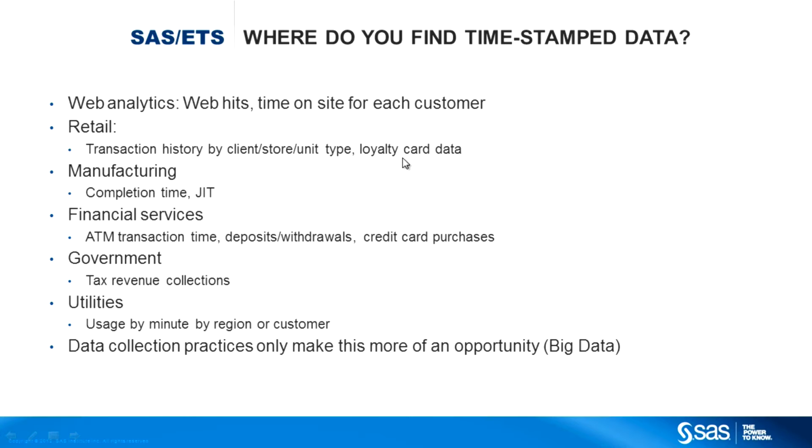This could also come in the form of loyalty card data. So say I wanted to know all of the aggregate purchases by a given customer over time. In manufacturing data, we have time to completion. In financial services, ATM transactions, deposits, withdrawals, credit card purchases, all come in an atomistic, granular form that need to be converted into a time series in order to do analysis.